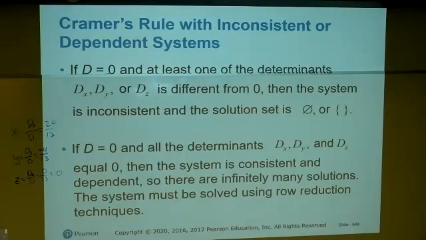All right. So in both cases, for it being inconsistent or dependent, the determinant of the coefficients is 0. Well, if one of the other determinants, d sub x, d sub y, or d sub z, is not 0, then it's an inconsistent system and the solution set is empty.